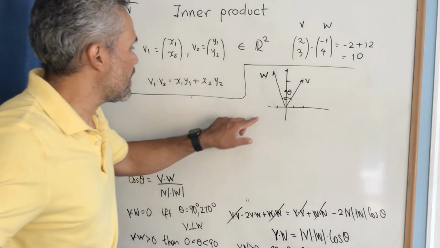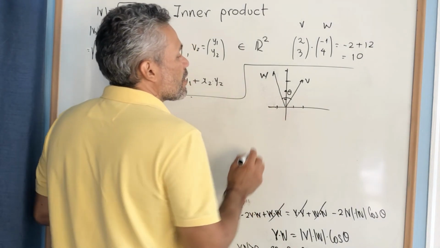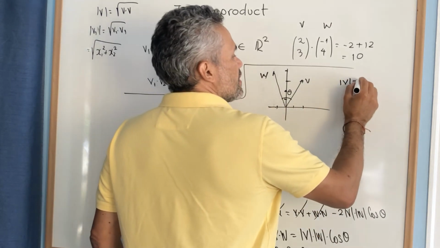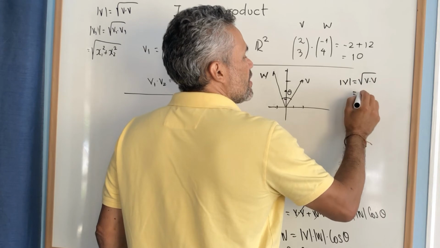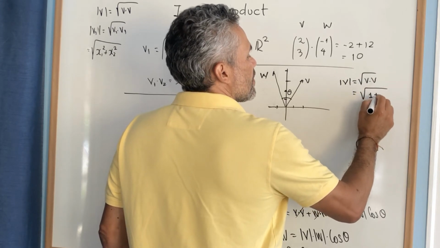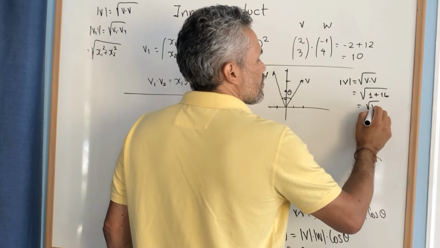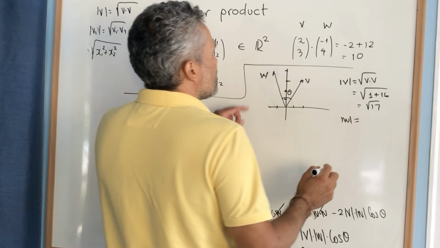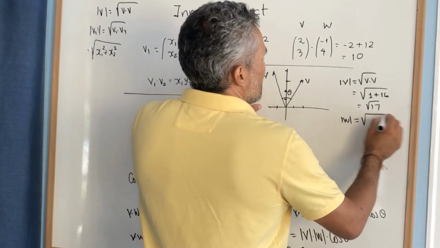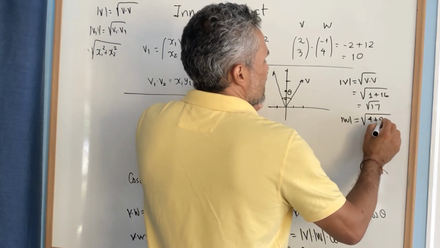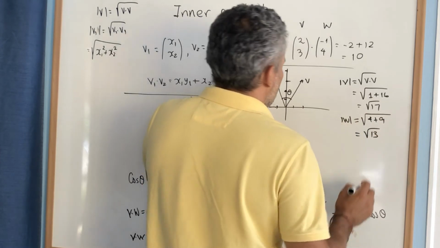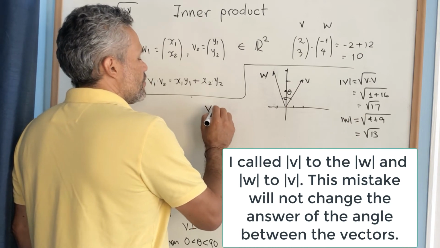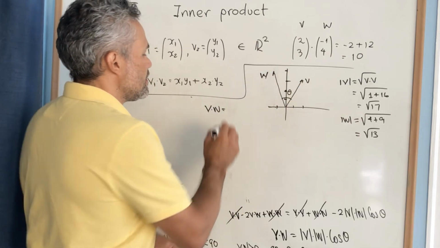We can do that by first computing the length of v, which is the square root of v dot product with v, and this is the square root of 4 plus 9, which is the square root of 13. We can compute the norm of w, which is the square root of 1 plus 16, the square root of 17. And then the dot product of v and w is just 10.